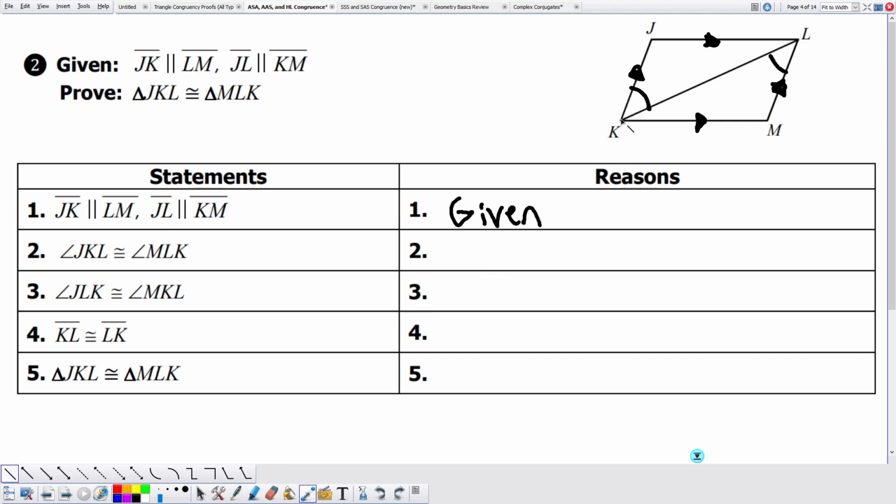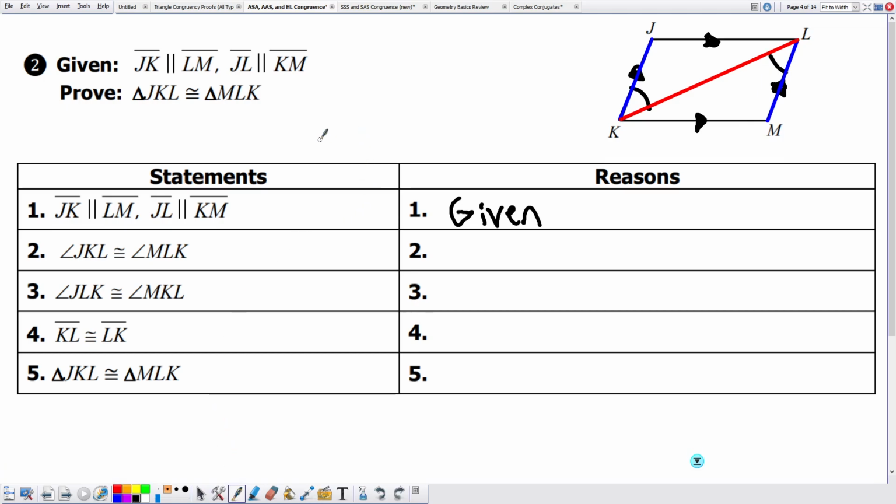We have the parallel lines JK and LM. Both angles touch those parallel lines. And we note the transversal that intersects the two parallel lines is KL.